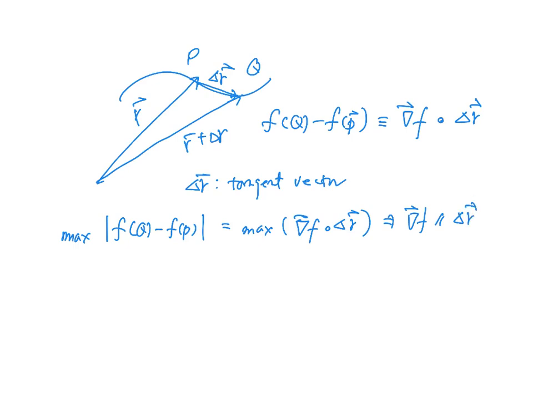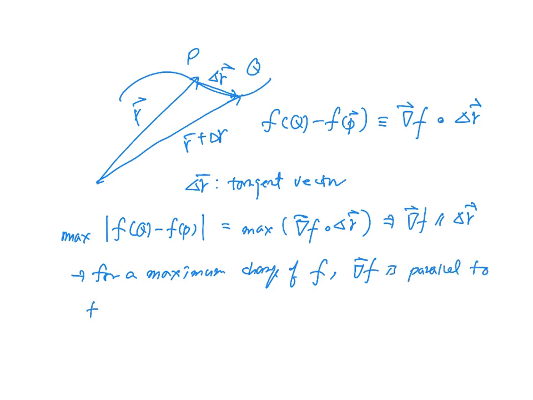So for the maximum change of f, the gradient of f dot delta R is parallel to the tangent vector over the curve. See. So we will get back to this later, but for now let's just accept that if you want the maximum change of a function along the curve, then the direction of the change is along the tangent or gradient.